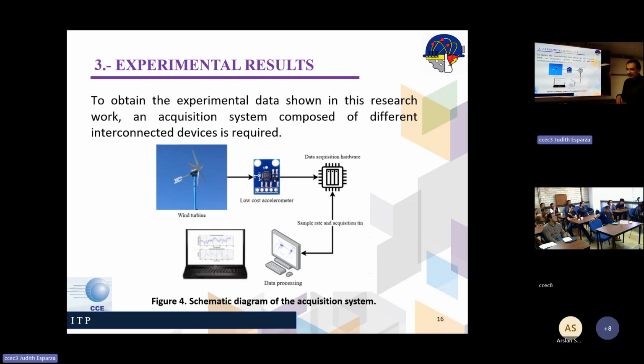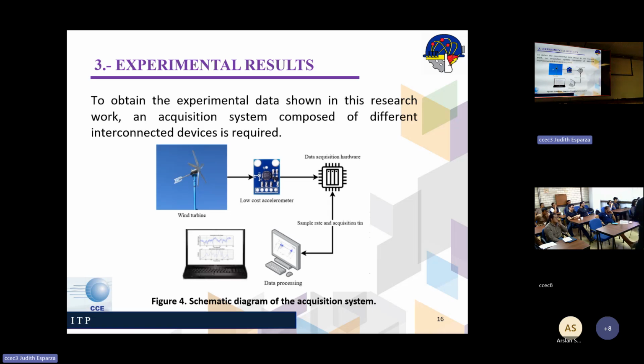We assembled a measurement system, and this system has a sensor, which is an accelerometer, and 2 smart boards. When we put it on top of the wind turbine tower, the sensor sends data to the first smart board. This smart board is an Arduino Due.